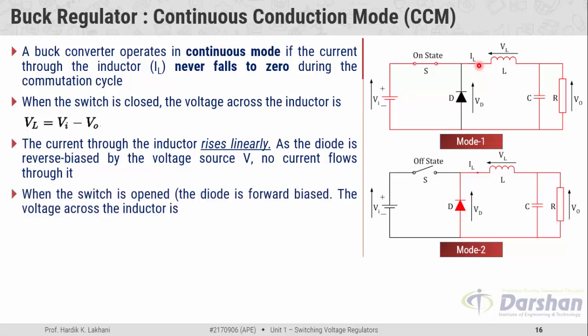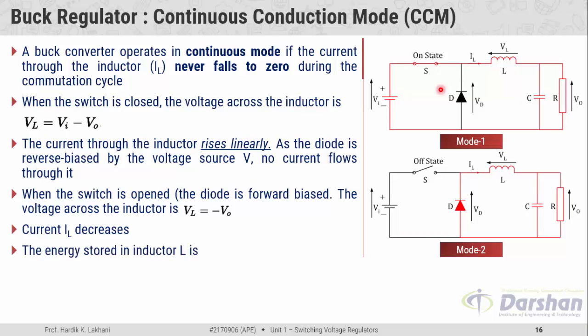When the switch is opened, that is the beginning of the second mode, the diode comes into the forward bias condition, and the voltage across the inductor in the second interval is given as minus V output. Current IL gradually decreases during the second interval as the inductor delivers its energy to the load.